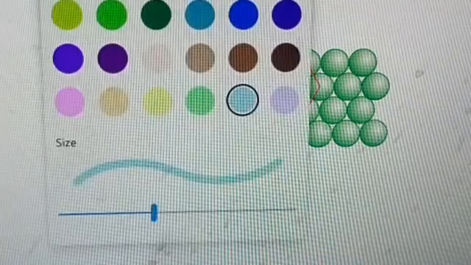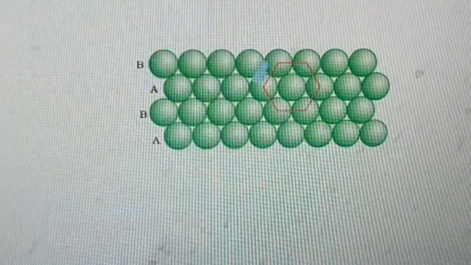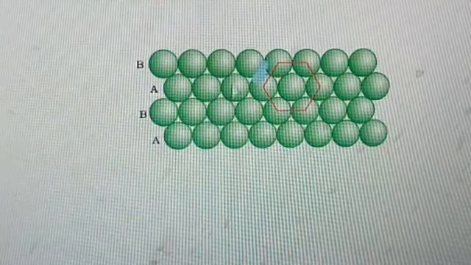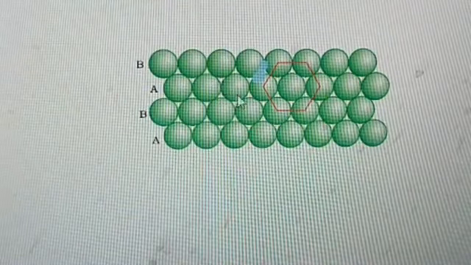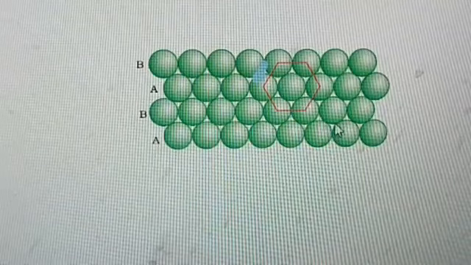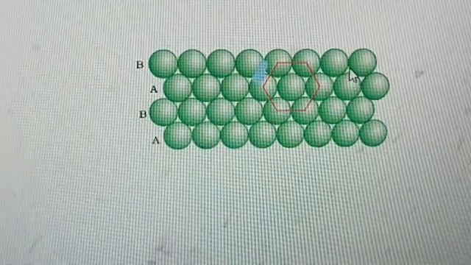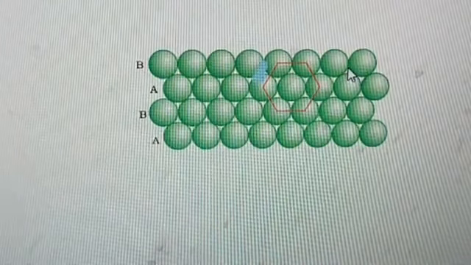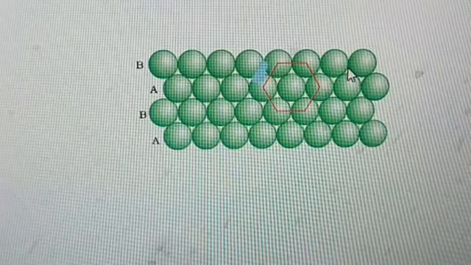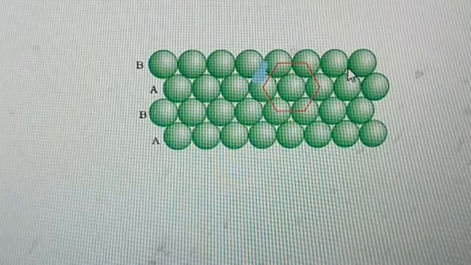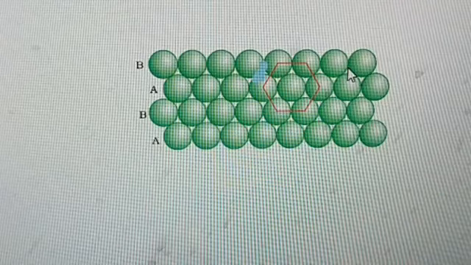As the free space is very less, this packing is more efficient than the first one. See here, this is the free space, this is the free space, and this is the free space. So when we compare with the AA arrangement, the free space in the AB arrangement is less, so it is more efficient than the AA type of arrangement, that is nothing but square close packing.